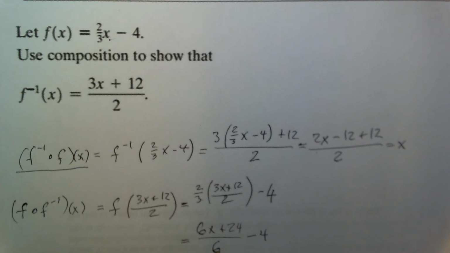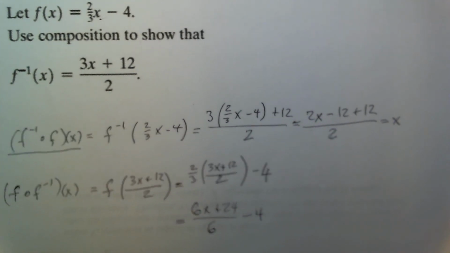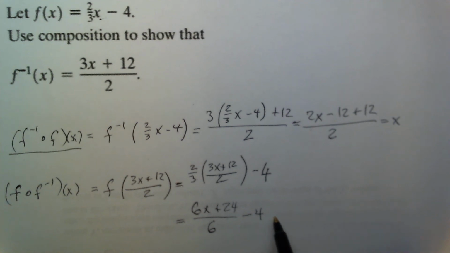Now in the fraction, we can factor out a 6 in the numerator and cancel against the 6 in the denominator. So we have x plus 4, minus 4, and that's equal to x.